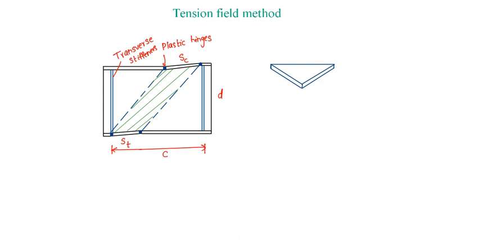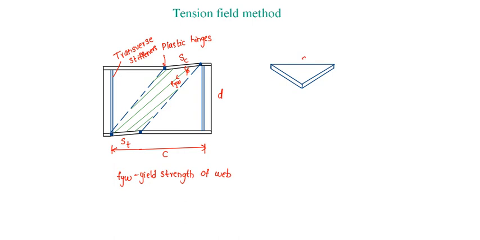We know this angle is phi and this is fyw, that is yield strength of web.